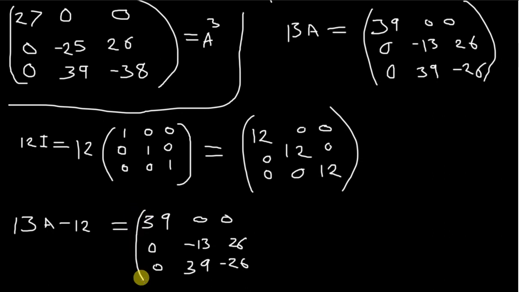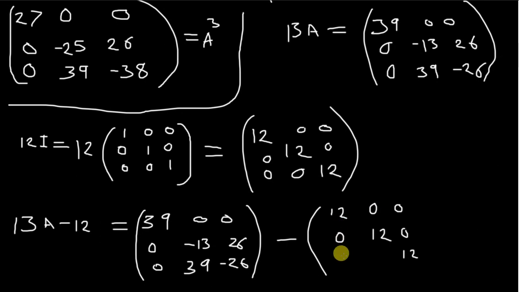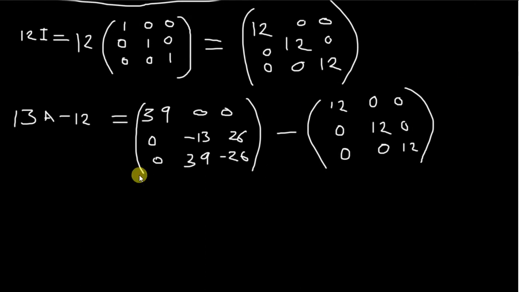So this is 13a. Then they are saying we subtract this from this 13a. So I'll write this matrix here. So this is what we're going to have.